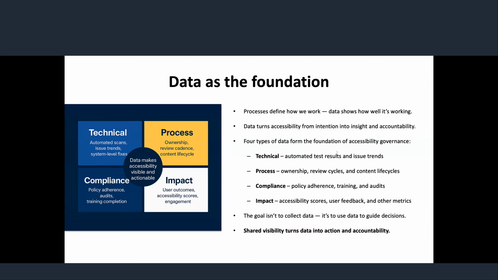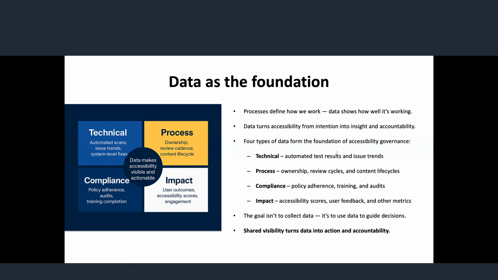The key is to collect consistently and visualize clearly. Dashboards, trend charts, or even simple spreadsheets can transform data into insight if they're used regularly and shared transparently. Because data alone doesn't create change, shared visibility and accountability do.